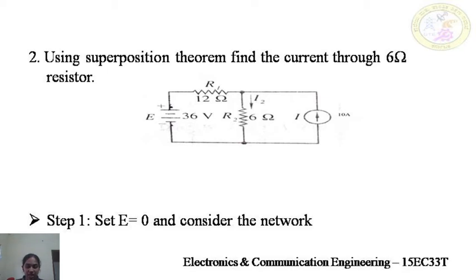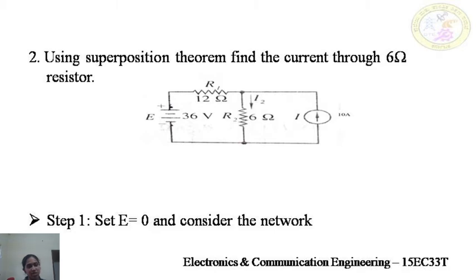Now consider another example. Using superposition theorem, find the current through 6 ohm resistor. Consider this network. It has two sources. One is voltage source of 36 volt and another one is current source of 10 ampere. In step 1, set E is equal to 0 and consider the network.